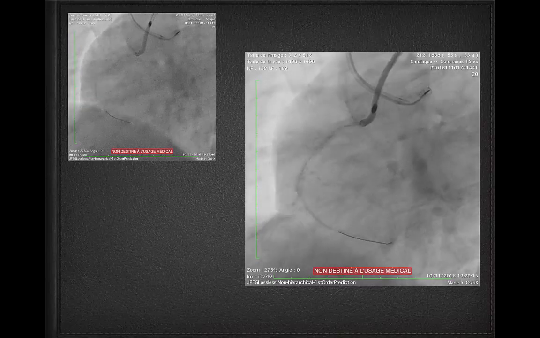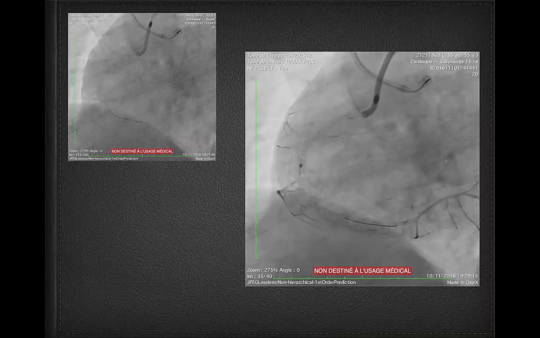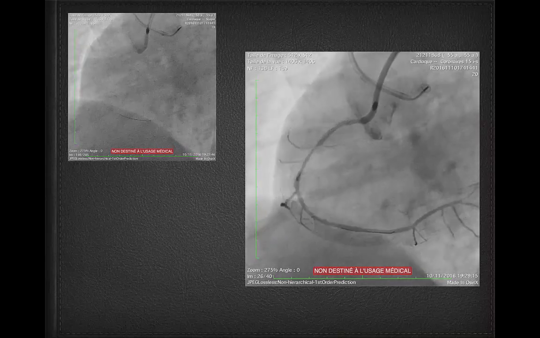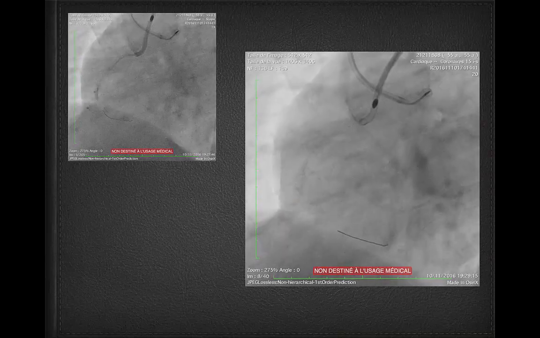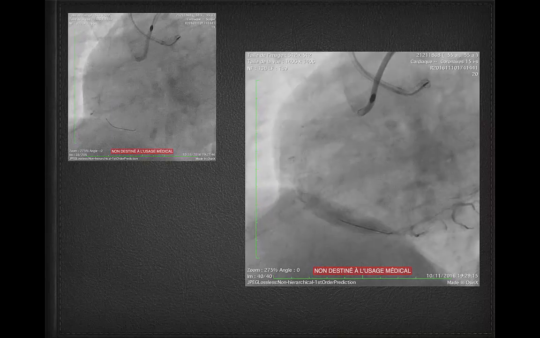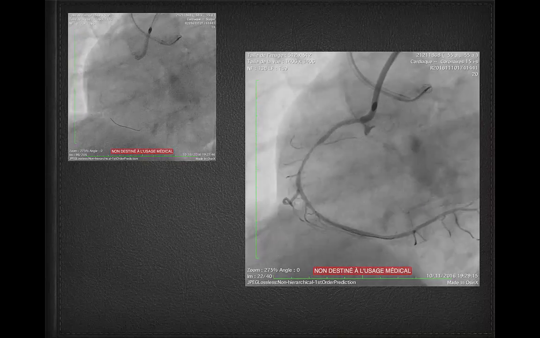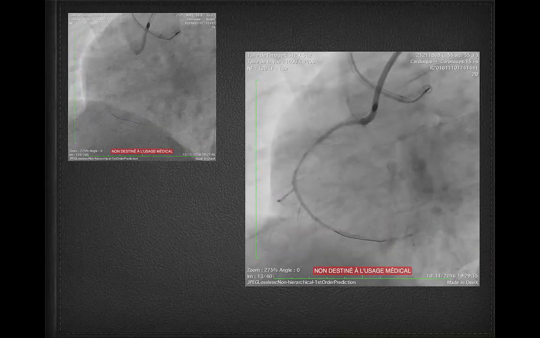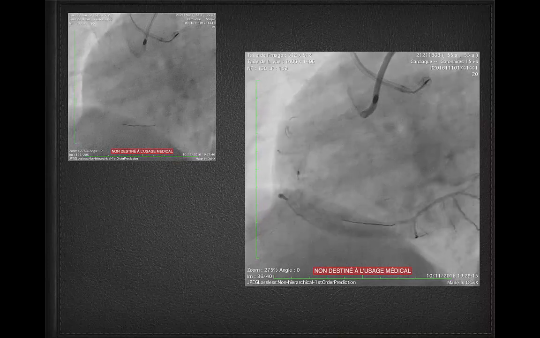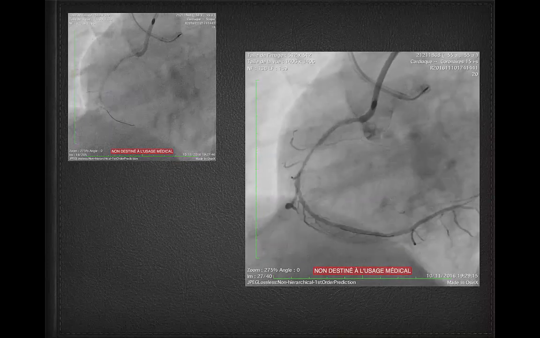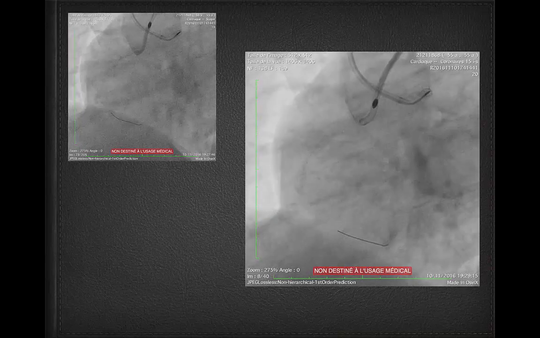You can use a rotablator. So it was a burr, I think 1.5, and it was a difficult situation because the rotablation was just at the ostium inside an old stent, but it was the only way to create a new situation for a new stenting.